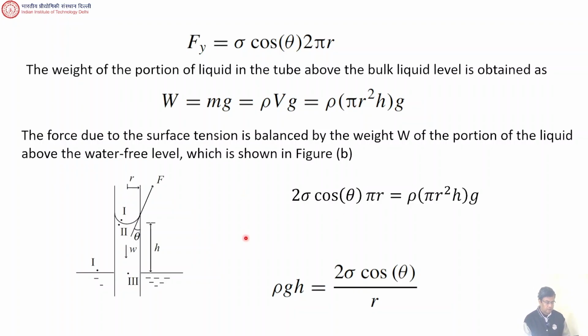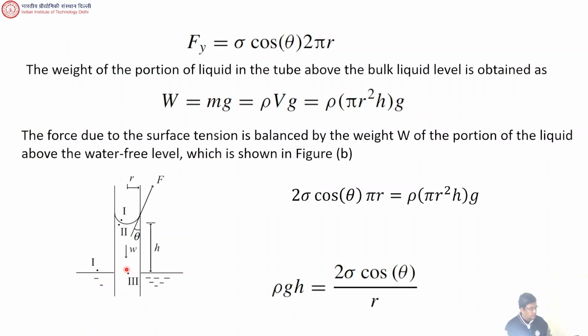And we also have the weight of this column. That is pi r squared h, because the cross-sectional area is pi r squared, multiplied by h is the volume, multiplied by density is the mass, then multiplied by g is the weight, right?